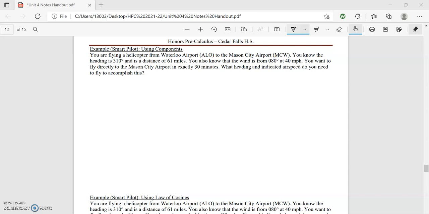So if the overall trip is 61 miles, and we need to do that in 0.5 of an hour, what that really gives us is 122 miles per hour. So we know that according to the ground speed, we have to travel at 122 miles an hour to get there on time.